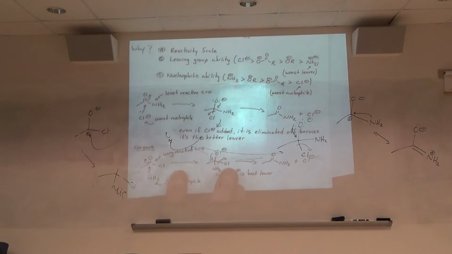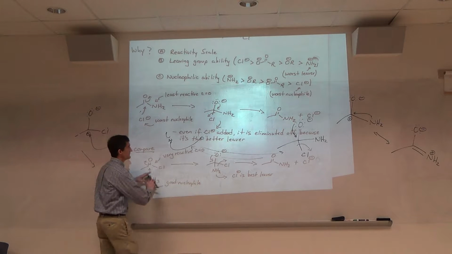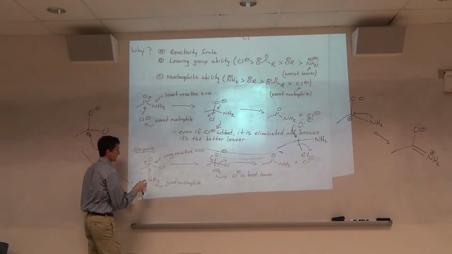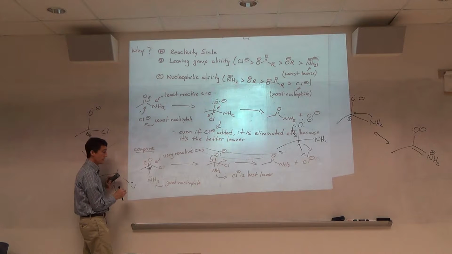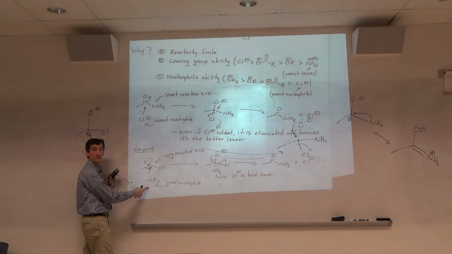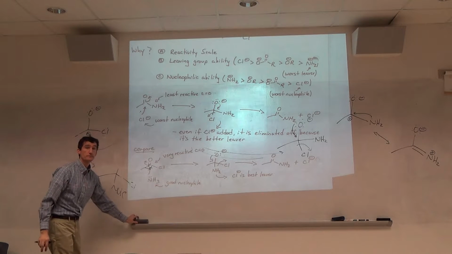Compare the other way, reacting acid chloride with ammonia. First off, you've got lots of partial plus here, as we explained. Very reactive carbon. You've got a pretty good nucleophile, ammonia. It's actually stronger than Cl minus, even though it's neutral.